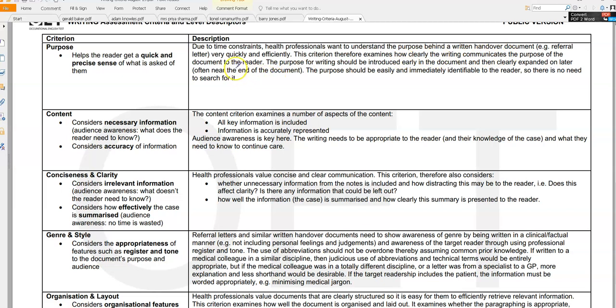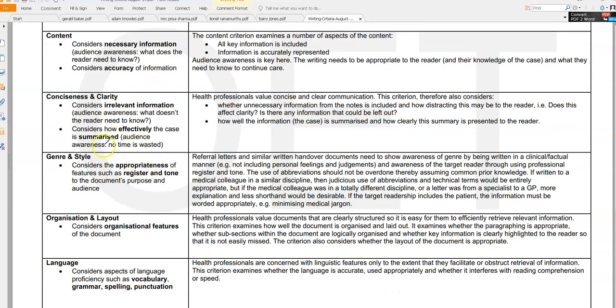Again, these keywords: quickly, efficiently, no time wasted, effectively, the case is going to summarize. What don't we need? Is there anything that could be left out? So how well the information is summarized.